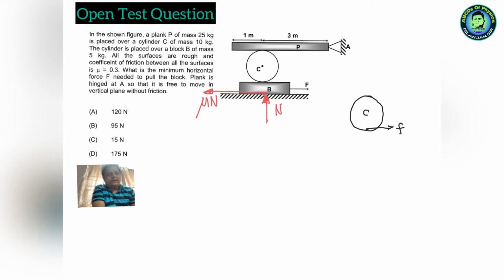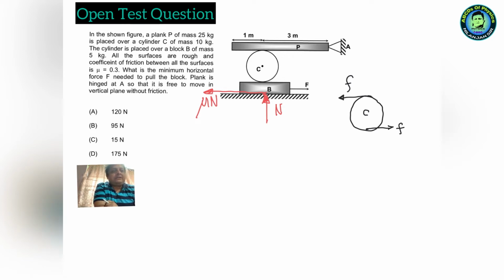Now if you look at cylinder C, the force of friction is F, this one. To have the linear acceleration of the center of mass of this cylinder C be zero, there will be friction acting in this direction, F. Well and good.